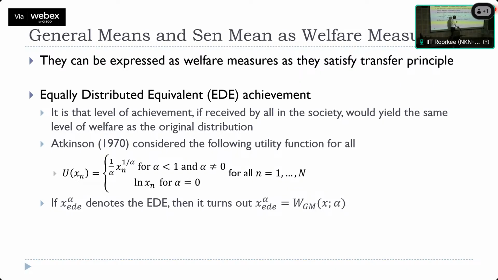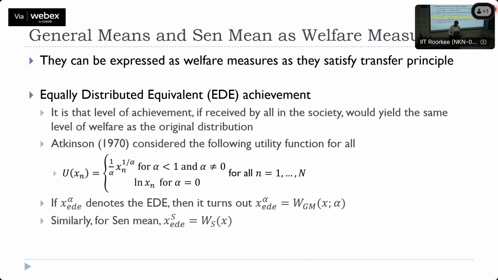So you start with a distribution, and suppose you have this risk averse or inequality averse utility function, then it turns out your equally distributed equivalent is going to be the general mean itself. It's a beautiful result. That's why the general mean can be used as a welfare function.